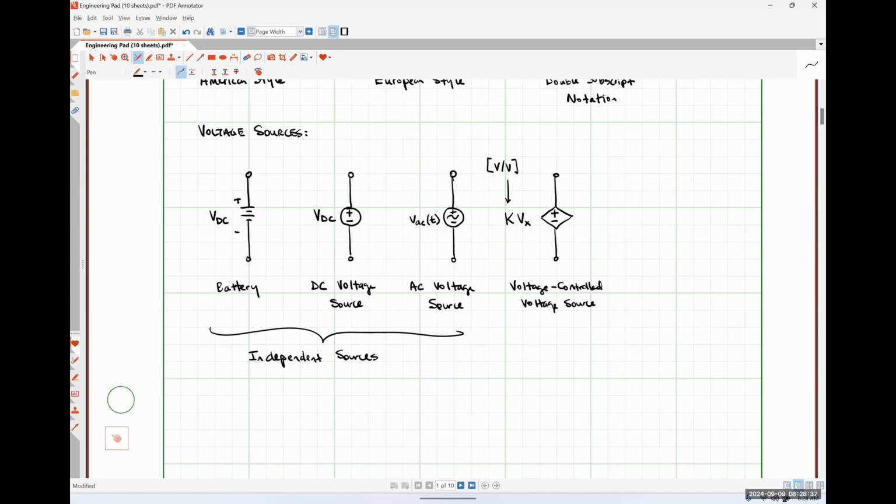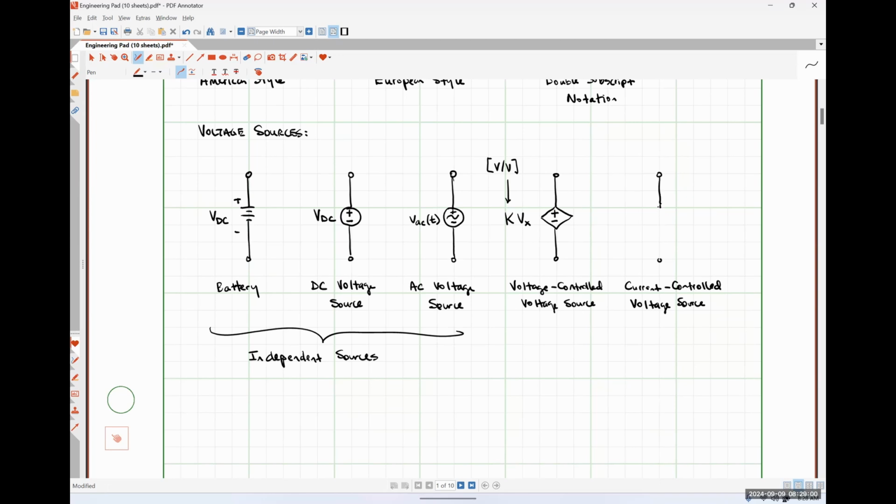We also have a current controlled voltage source. Okay.